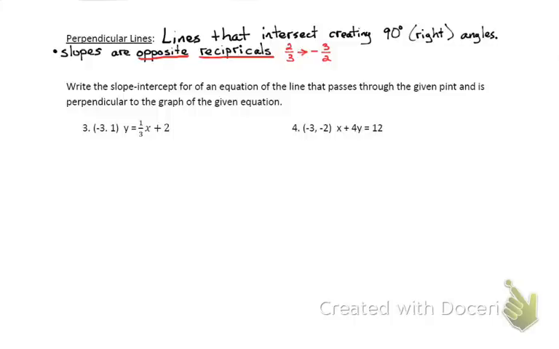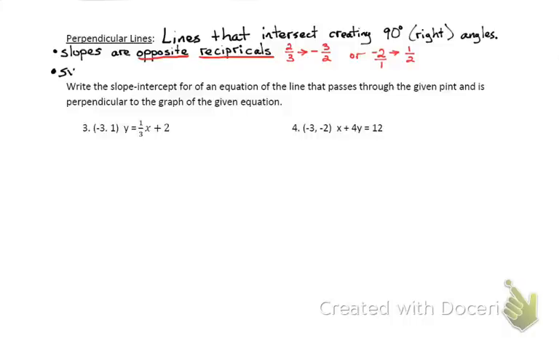So opposite being positive, negative, and reciprocal meaning switch or flip your numerator and denominator. So another example, if you had negative 2, the opposite reciprocal would be positive 1 over 2, because negative 2 is negative 2 over 1, so the opposite reciprocal would be positive 1 over 2. So perpendicular lines have opposite reciprocal slopes.